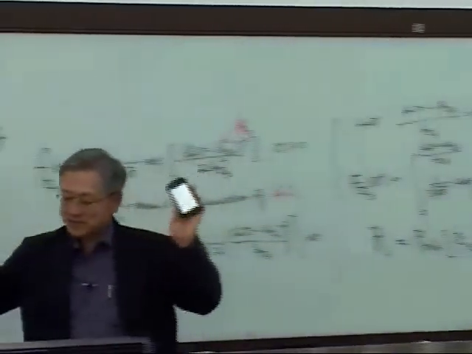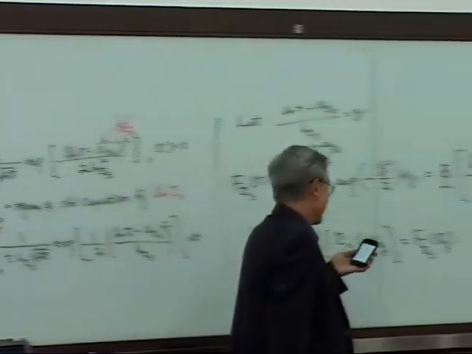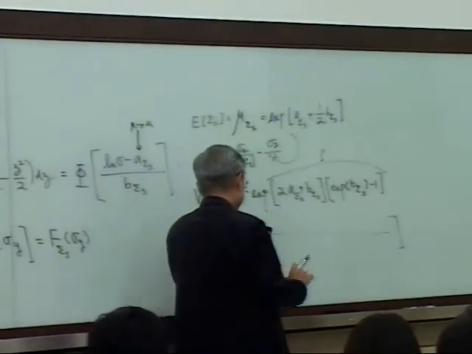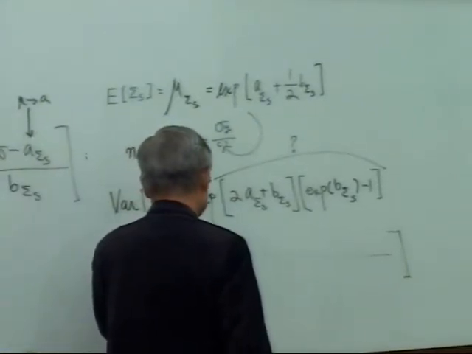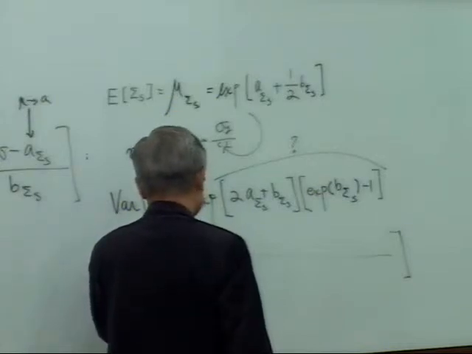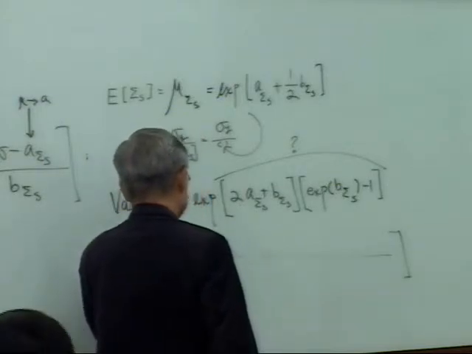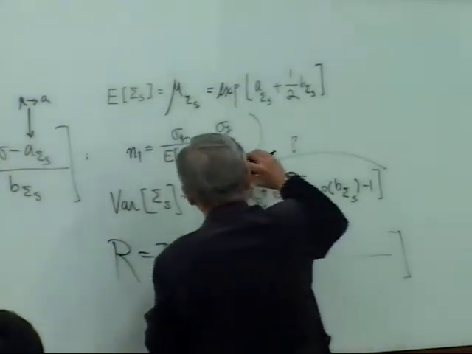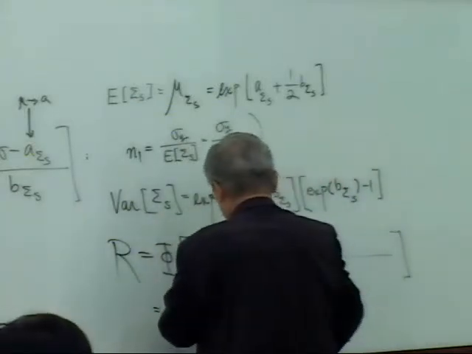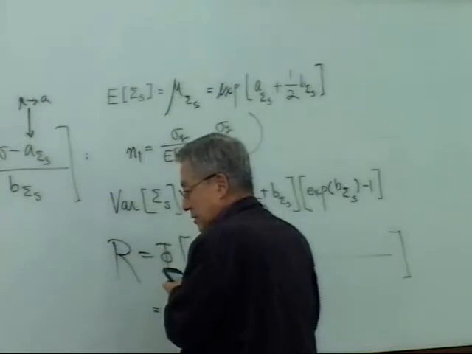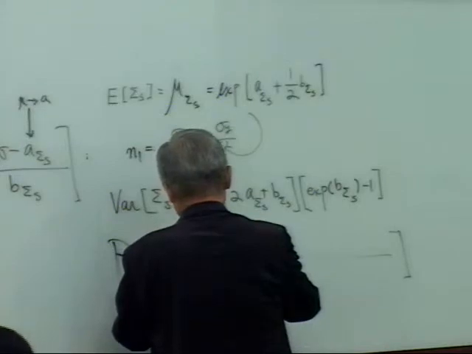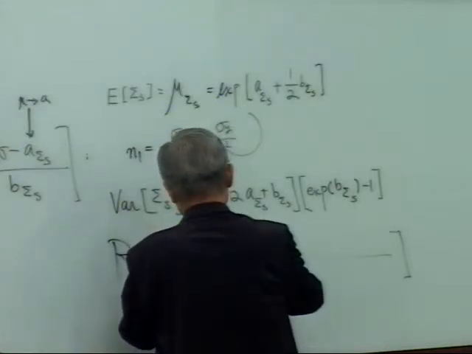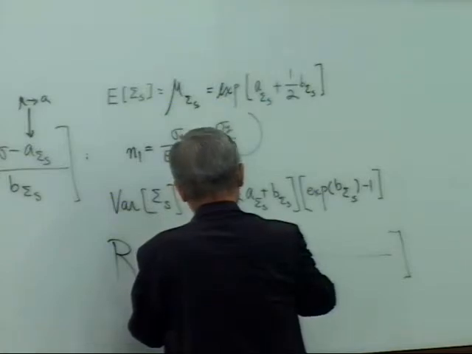Okay, let me write. Here is the answer. Okay, oops. Variance. Okay, so this is a correct expression, and here is e to the 2 sigma plus sigma square.